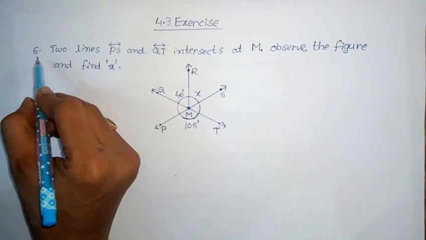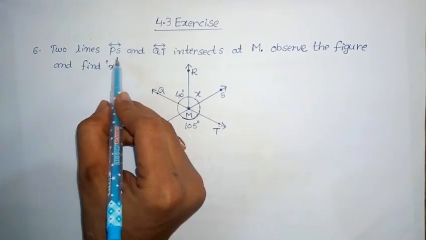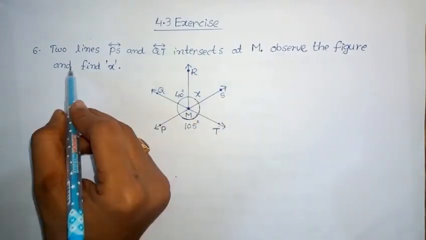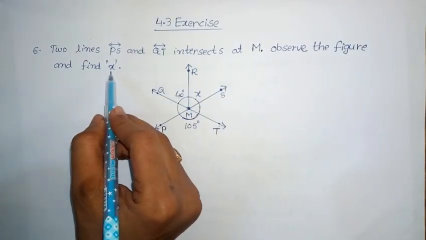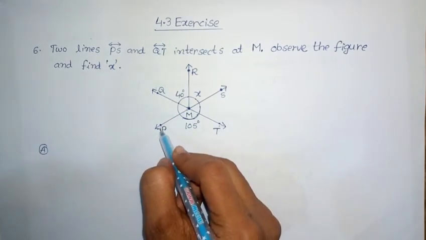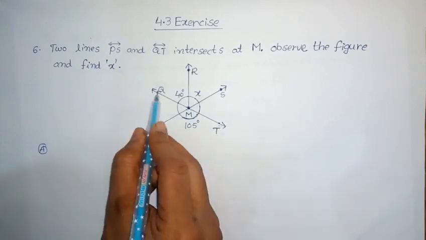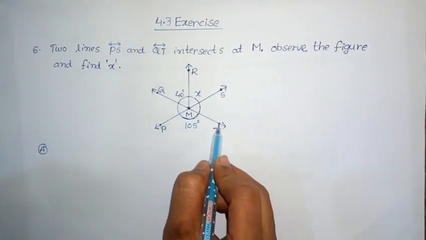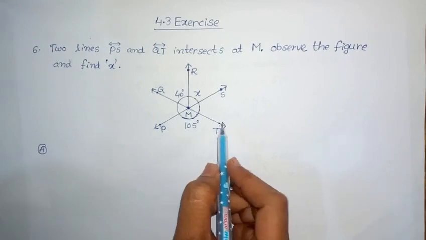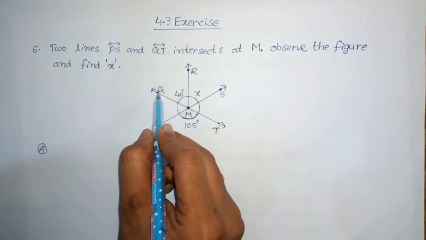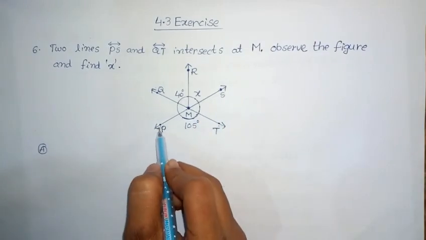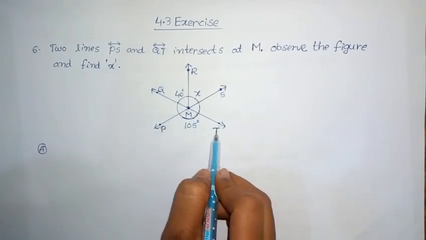Next problem, sixth one. Two lines PS and QT intersect at M. Observe the figure and find X. In this, the line PS and the line QT are two straight lines. So find the vertically opposite angles here. Angle QMS, the vertically opposite angle is angle PMT.